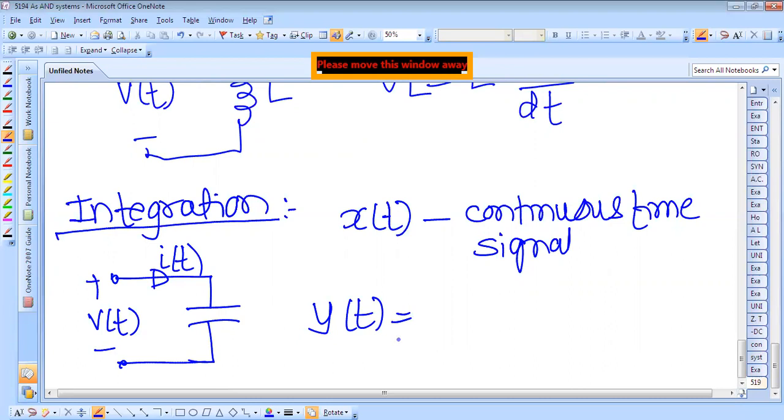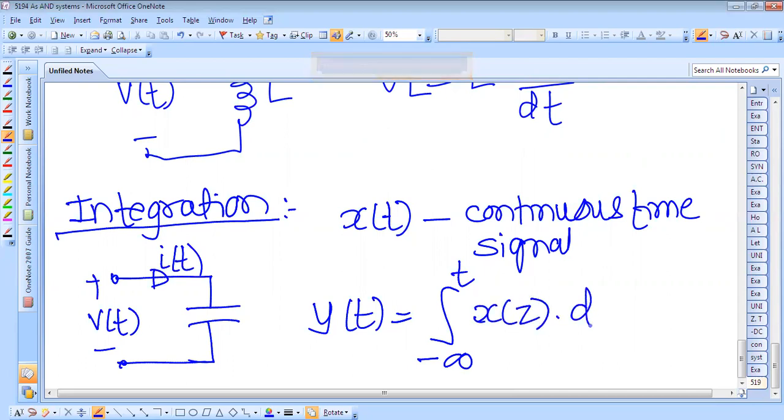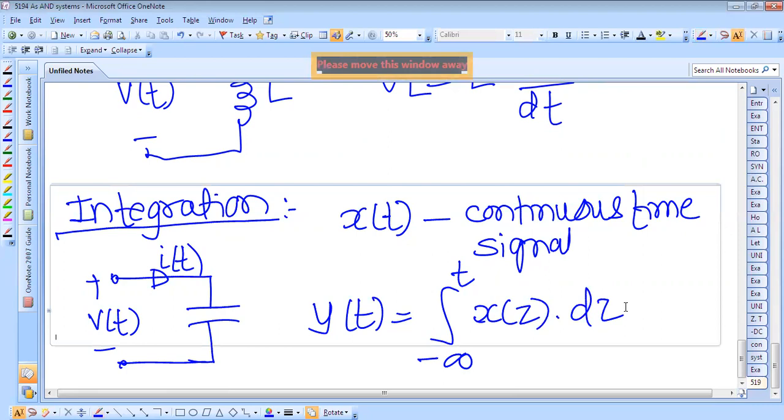So the output of this is nothing but the integration of this signal from minus infinity to the given time t, x of tau d tau. So this tau is the integration variable here.